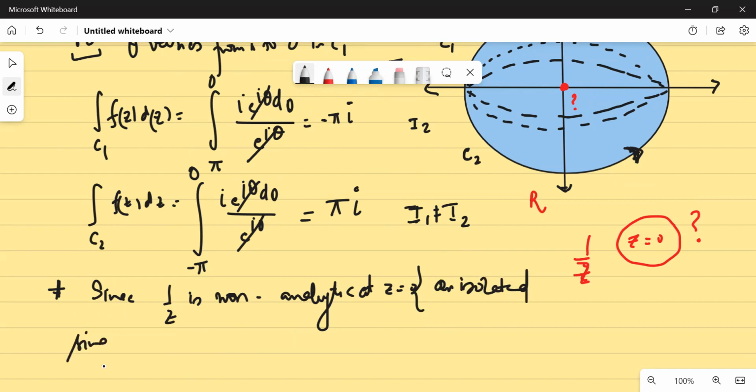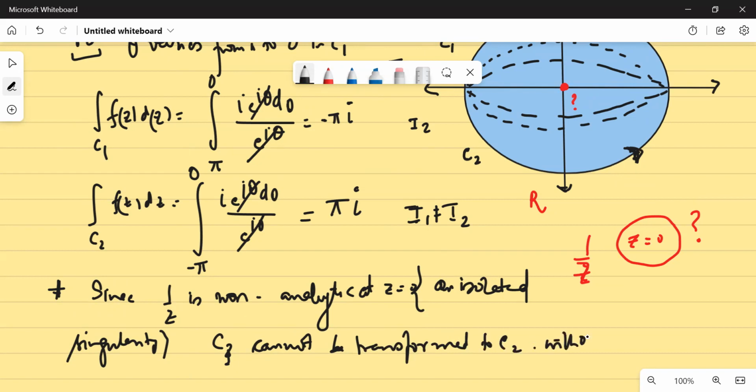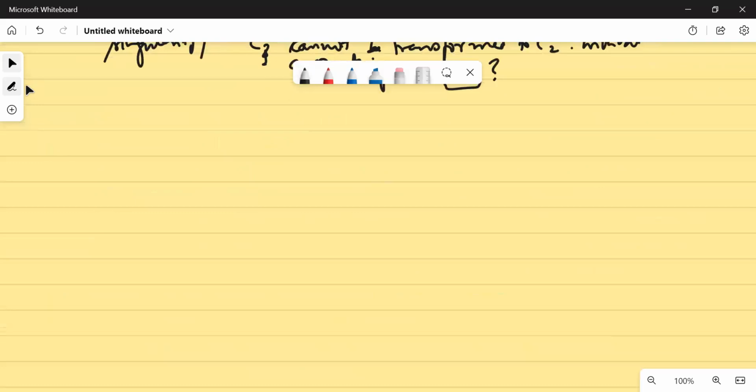It implies that C1 or C2 cannot be transformed to C2 or C1, ठीक है, without encountering the singularity at z equal to 0. Okay, are you getting my point? So therefore here you cannot apply the principle of deformation of contours. I hope it is clear.